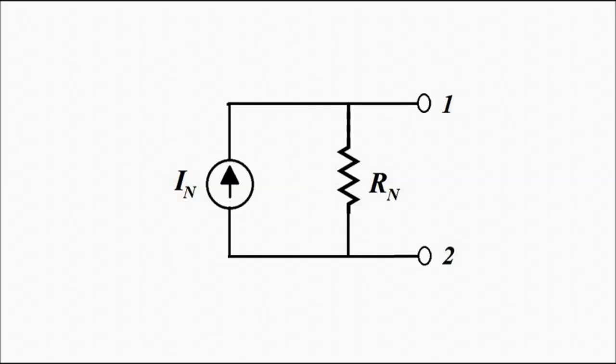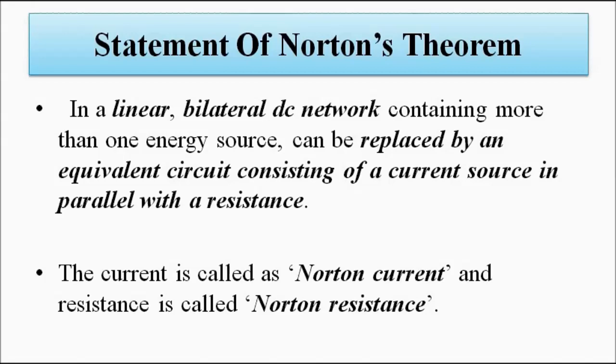The basic statement of Norton's theorem says that any linear bilateral DC network containing more than one energy source, be it a voltage or current source, can be replaced with its equivalent circuit consisting of a current source in parallel with a resistance.